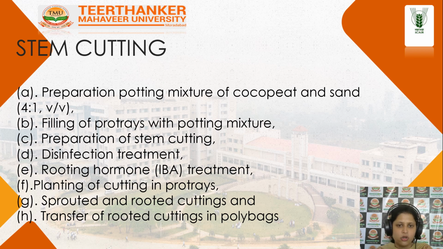Then disinfection of the stem cuttings is done. Then a rooting hormone like indole butyric acid can be applied to the stem cuttings in order to enhance rooting. Then plant these cuttings in the fruit trays where the potting mixture has been filled. Once they get sprouted and rooted, you can transfer these rooted cuttings into polybags.